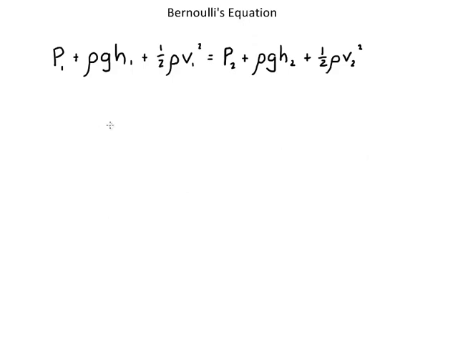And that's pretty useful. Another application of Bernoulli's equation could be if you had the same situation we looked at before when we were talking about fluid flow, where you have a pipe that changes diameter. In this situation, we have a couple different areas. We'll call that area 1 and area 2. And we're going to have a couple different speeds.